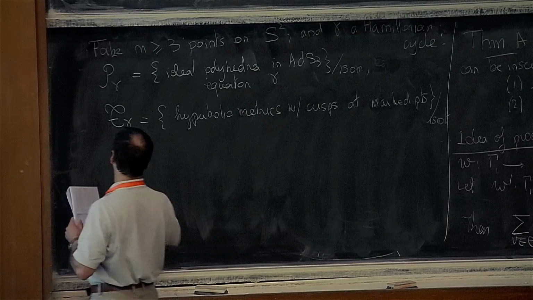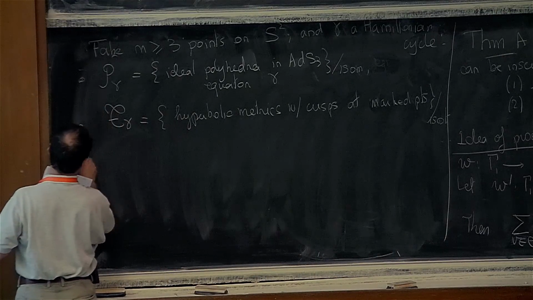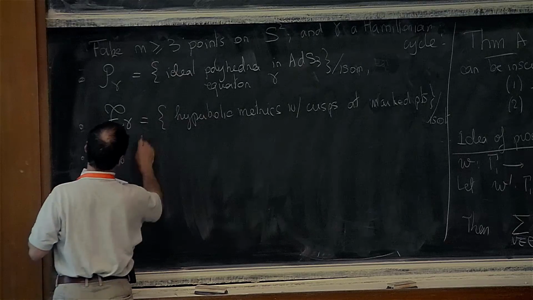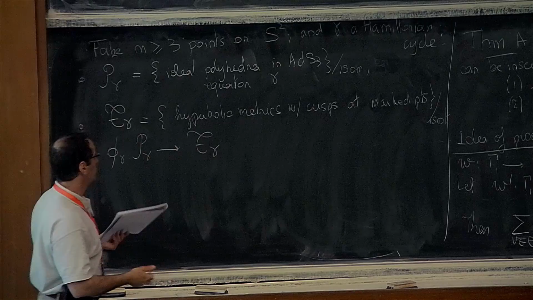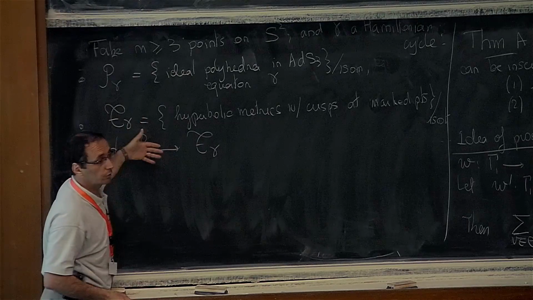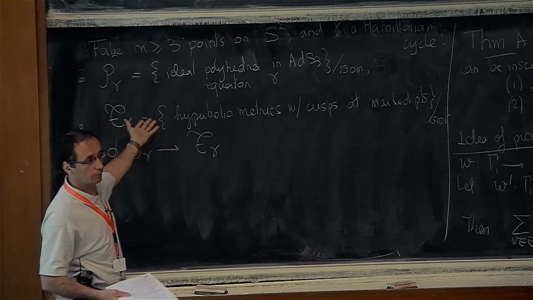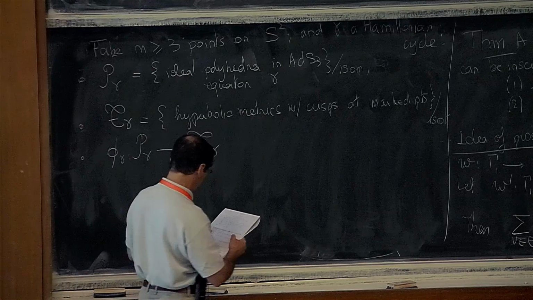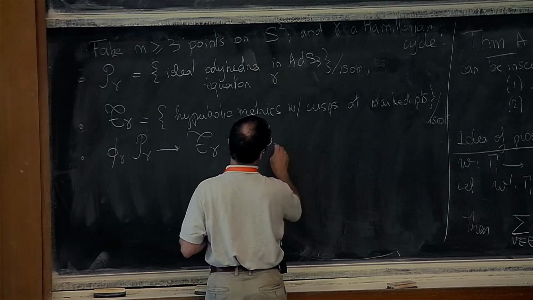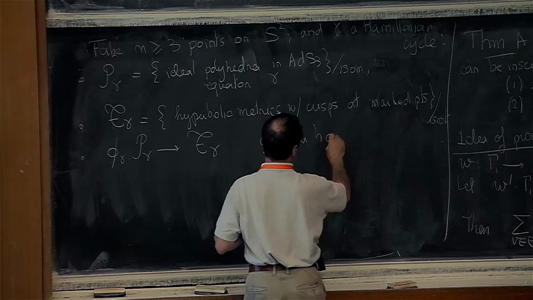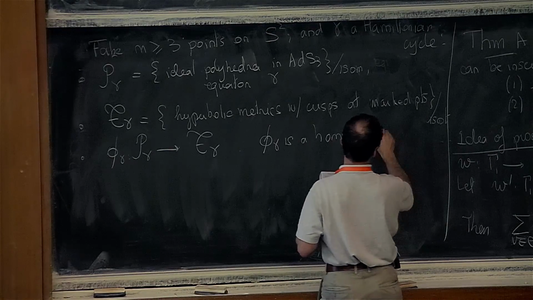And then there is a natural map phi gamma from P gamma into tau gamma, which is the map sending some polyhedron to the induced metric on the boundary, right? Very natural thing to do. And basically, we want to prove that this is a homeomorphism. So basically, if you can prove that phi gamma is a homeomorphism, then we win. We prove theorem C.